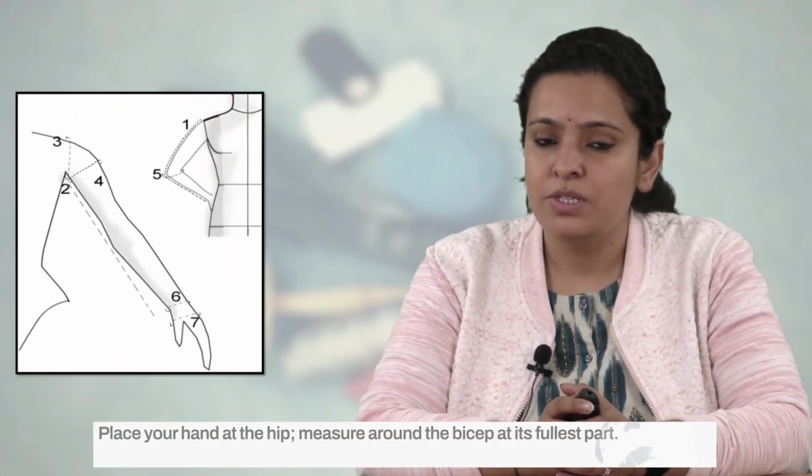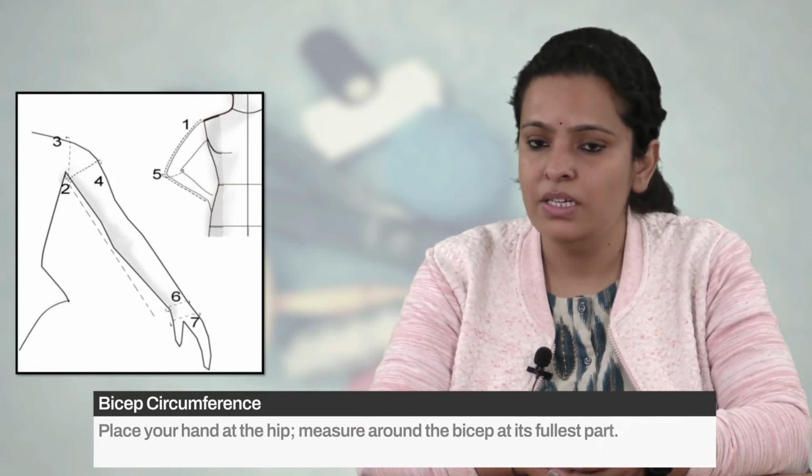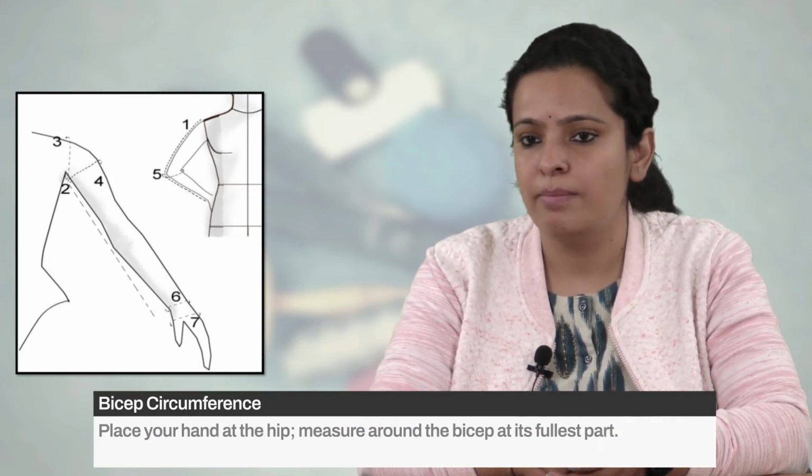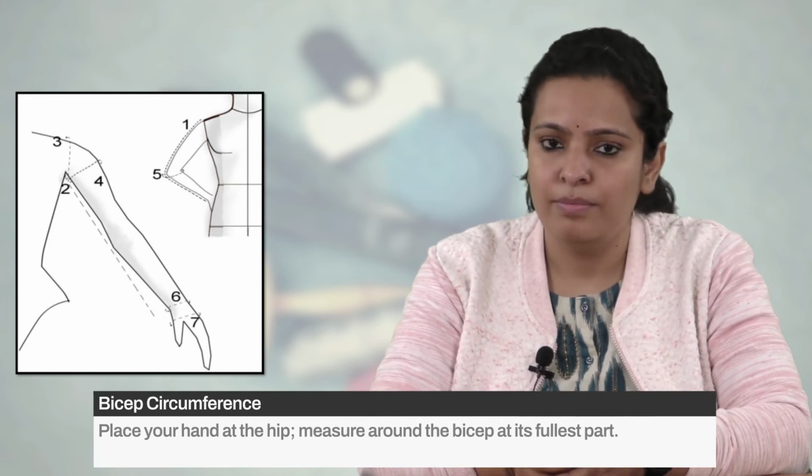For this, we place the hand at the hip point and then measure around the bicep at the fullest part of the arm. In the picture you can see how we pointed out all the measurements we are taking for the sleeve.